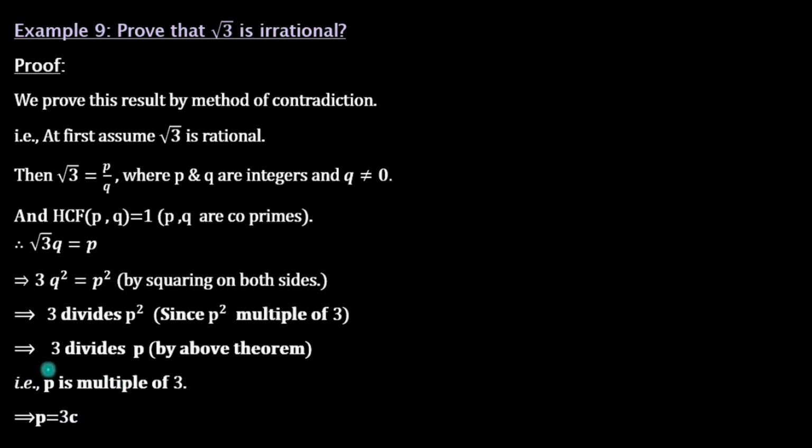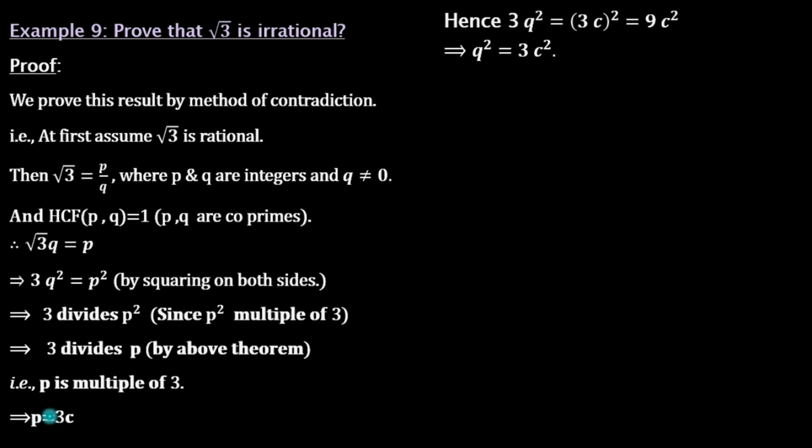Then if p equals 3c, we apply this in p square. We get 3q square equals 3c whole square. That is, instead of p, we put 3c whole square, which equals 9c square. Then on cancelling 3s, we get q square equals 3c square.